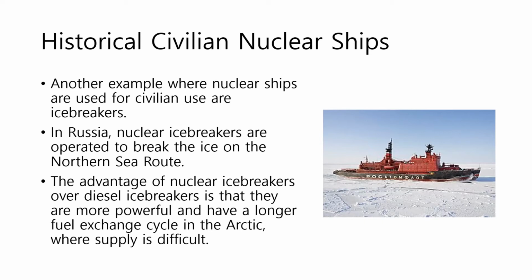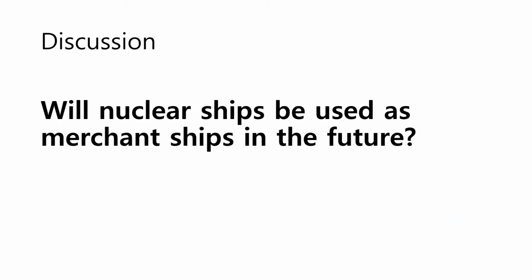The longer fuel exchange cycle is important in the Arctic because supply is difficult, so it is very important for the Russians. So the first discussion topic is: will nuclear ships be used as merchant ships in the future?